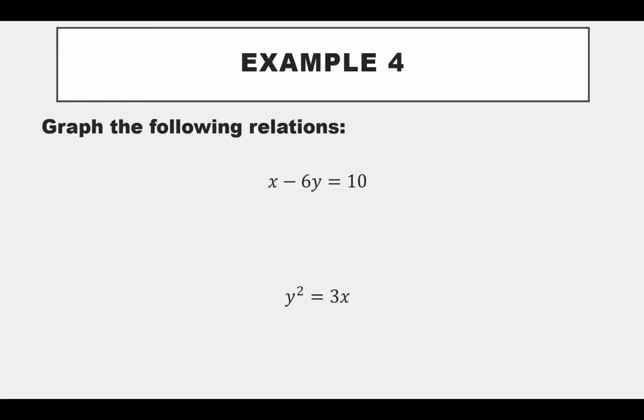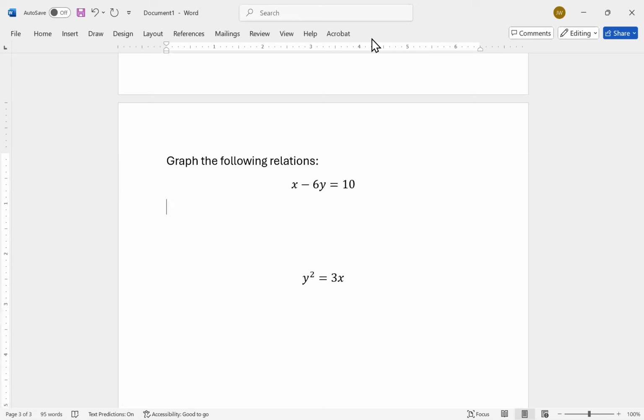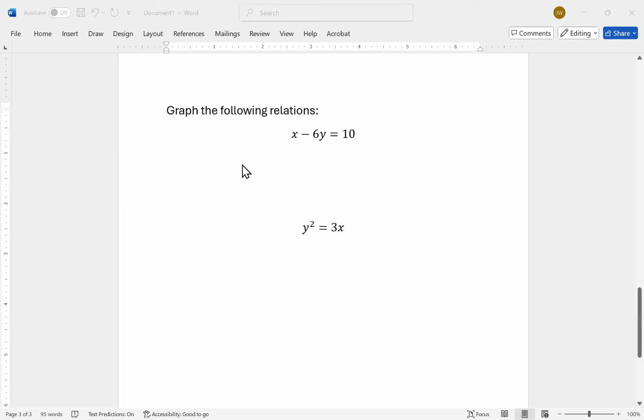So let's take a look at a couple of examples here. In fact, let's take a look at the examples we have. x minus 6y equals 10, and y squared equals 3x. Now, there are multiple different options for how to graph this function.